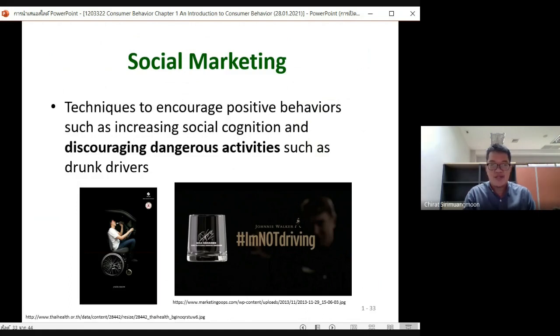So this means if you drink and you drive, you might sit on a wheelchair. You might have an accident. Or Johnnie Walker has the hashtag here, I'm not driving. So to warn you, if you drink, please don't drive. This is social marketing.